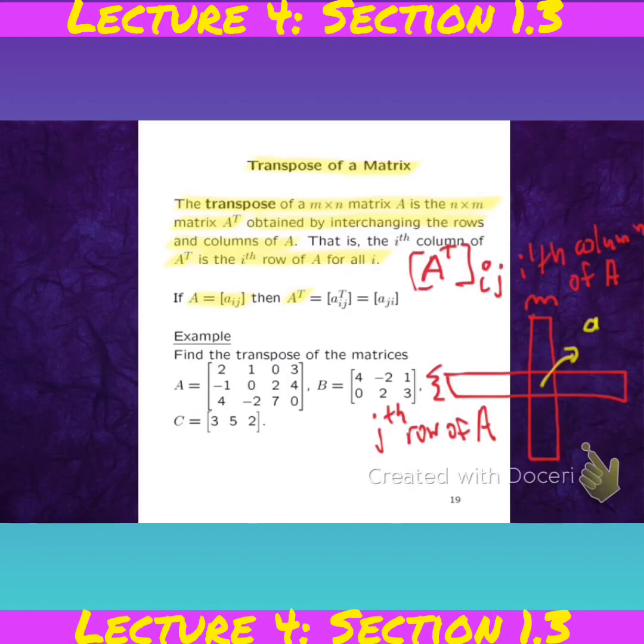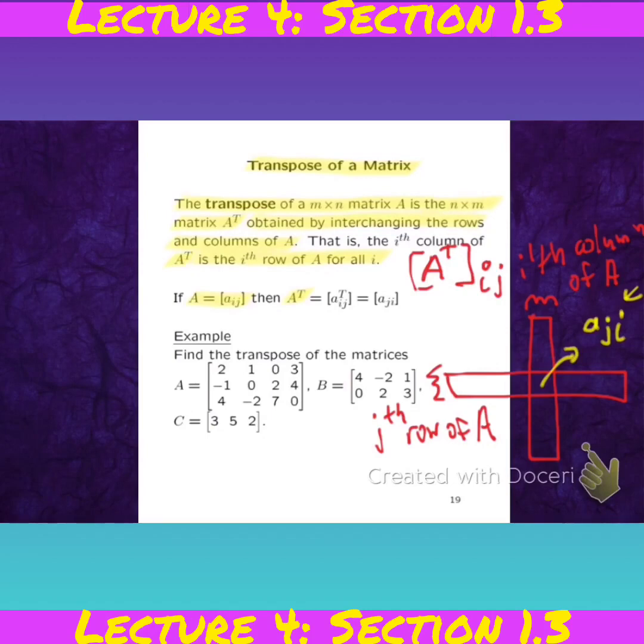It's the entry that lies in the jth row and the ith column of A. Now under the transpose, where does that entry get sent to?